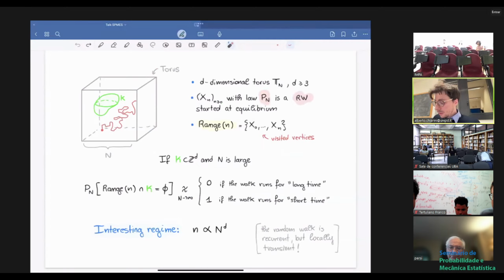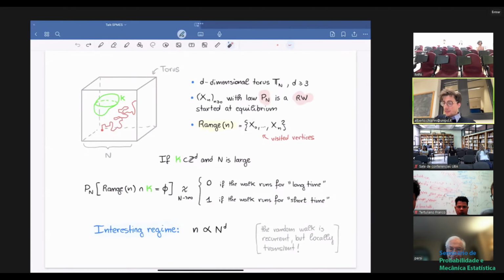Well, if we now look at some subset of this torus, for example, this K in the picture, and we look for n large, so that K is completely contained in the torus, then the probability that the range does not intersect the set K is roughly equal to 0 if the walk runs for a long time, and it is roughly equal to 1 if the walk runs for a short time.